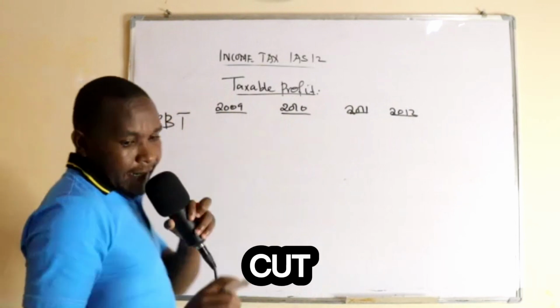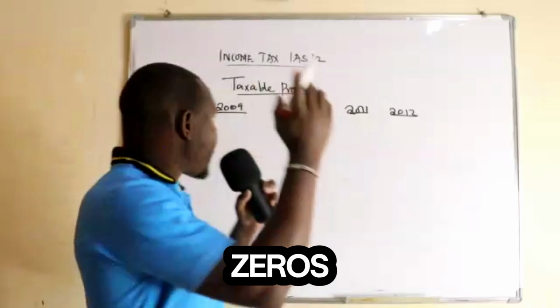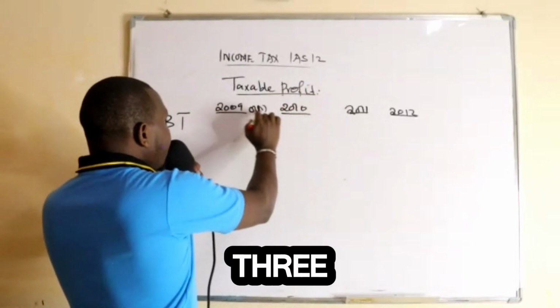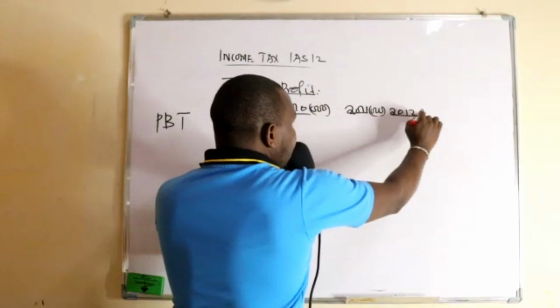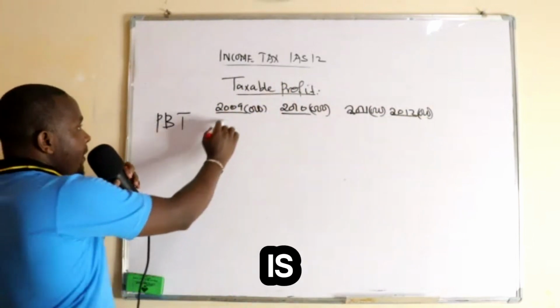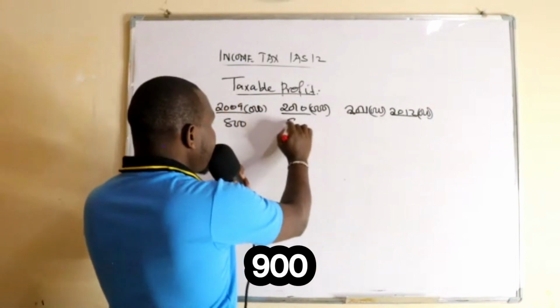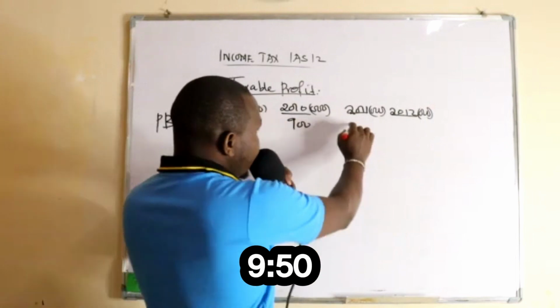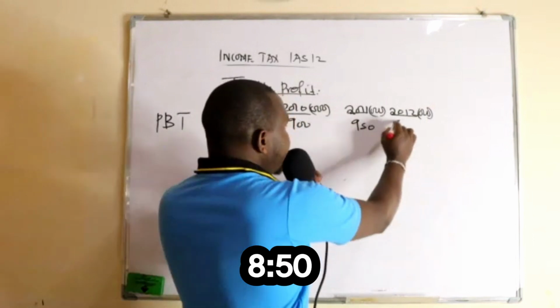We can cut 3 zeros. So we have the first one is 800, then 900, then 950, and then 850.